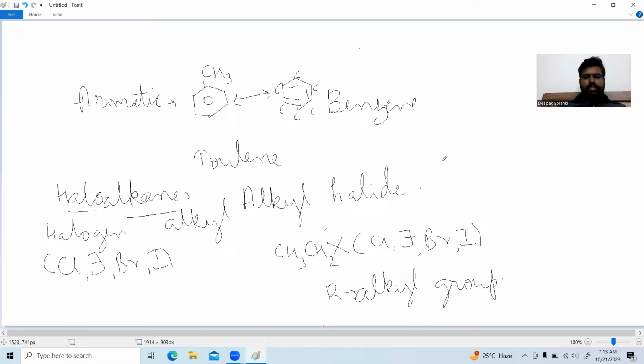If we take one example like this, CH3, CH2, Cl, what is its name? Chloro. Chloro is a halogen, and how many carbons are there? 2. Eth, and a single bond is there, so it will be ane. The full name will be chloroethane.